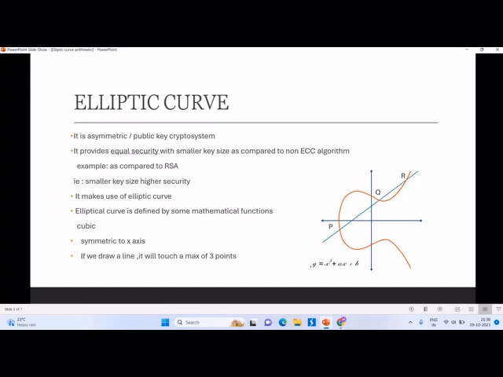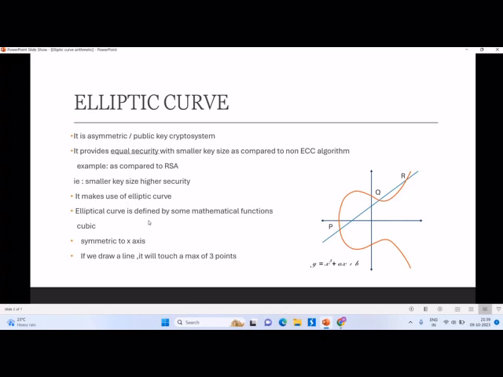This makes use of an elliptic curve. An elliptical curve is also defined as a mathematical function, a cube. It is symmetric to the x-axis. As we can see in this diagram, we are choosing an equation of degree 3. By using this equation, we are generating y equals x cube plus ax plus b.